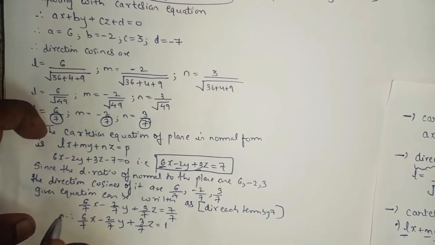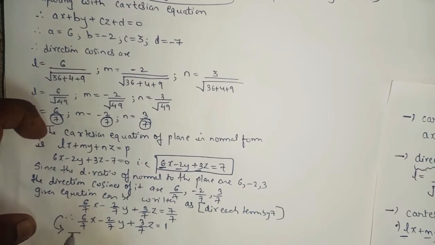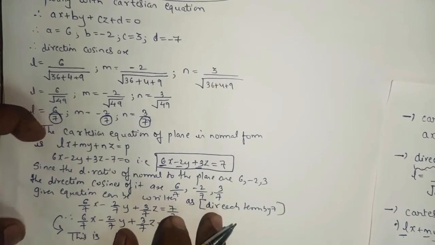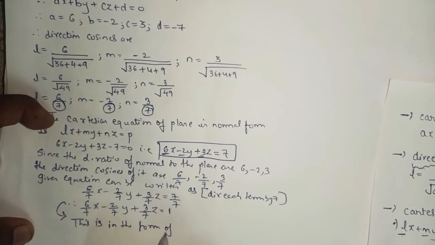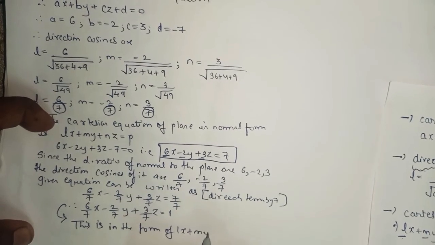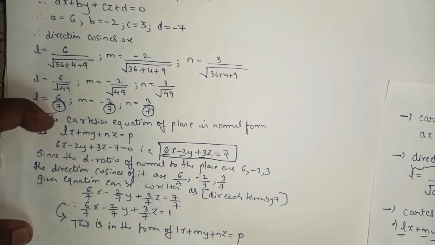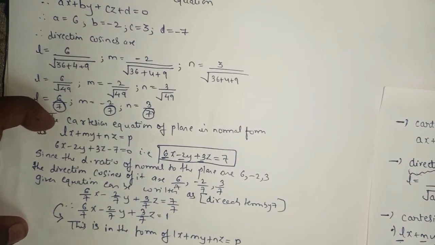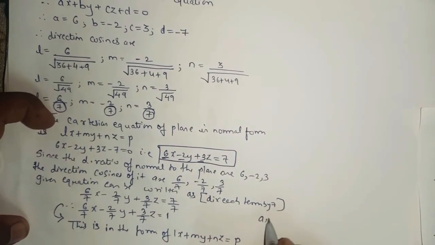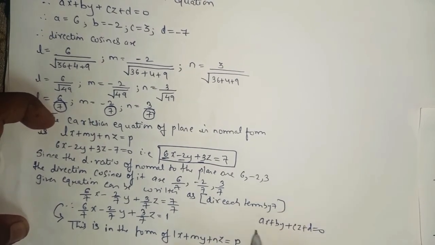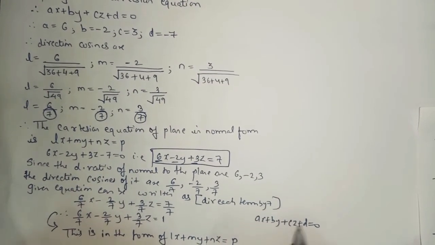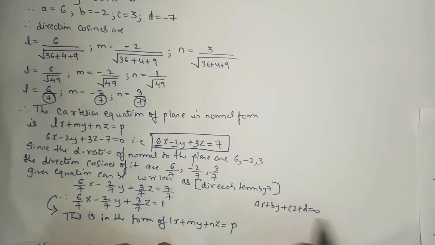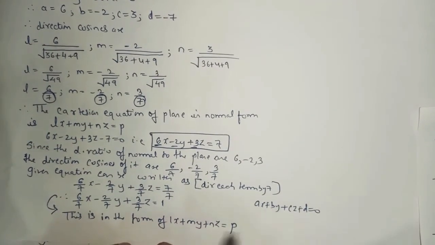Okay, so this answer which we got is in the form of lx plus my plus nz equals p. Yes or no? Means ax plus by plus cz plus d equals 0 is known as the Cartesian equation only, but it is in the form of the direction ratios.